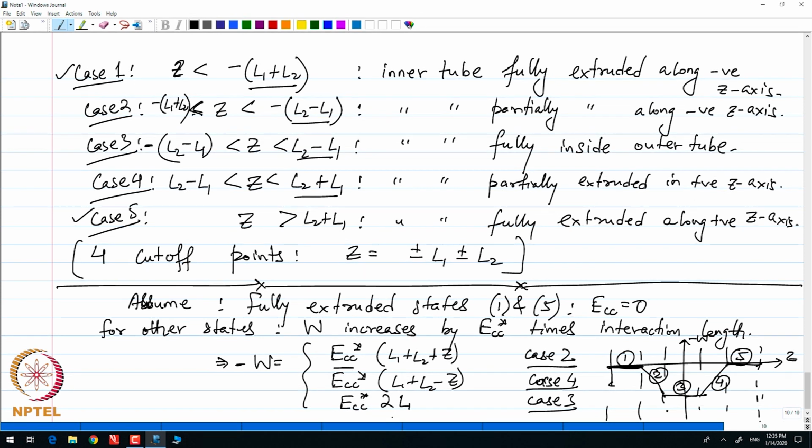We can see that it is independent of z, which is given by ECC times 2L1. Okay. So, the diagram here is important, because we can see that there is 0 acceleration of the nanotube for case 1, case 3 and case 5. The only acceleration or deceleration is in case 2 and 4, right.